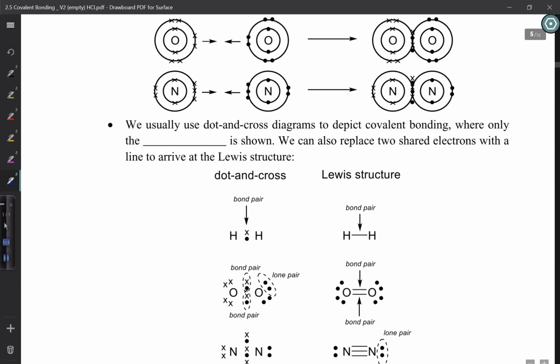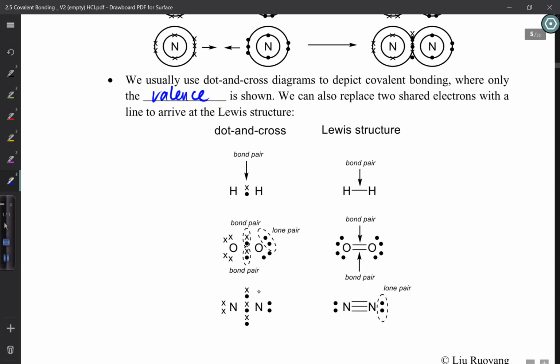We usually use dot and cross diagrams to depict covalent bonding, where only the valence electrons are shown. For oxygen, we only show the valence electrons, we don't draw all the electrons. Same goes for nitrogen. So these are known as dot and cross diagrams. Another diagram that we usually use is known as the Lewis structure.